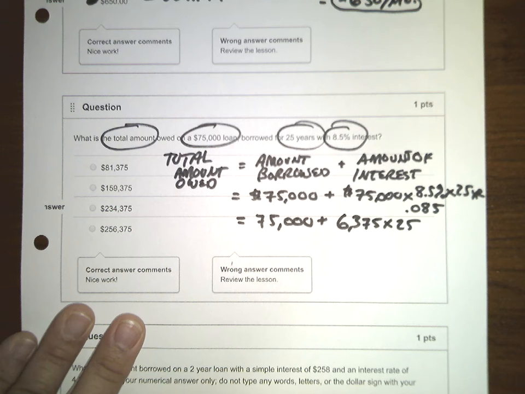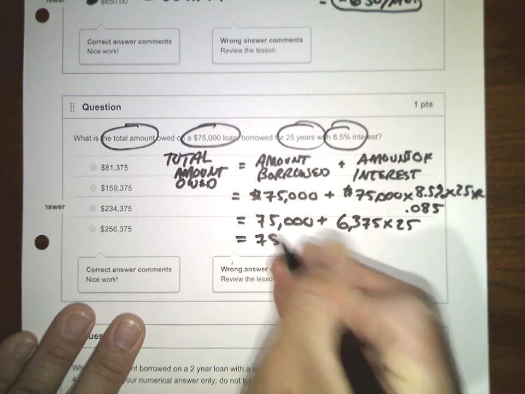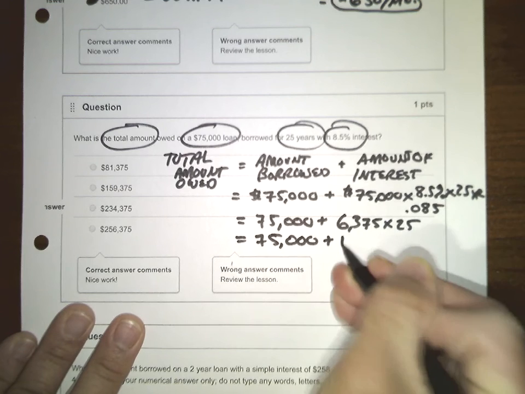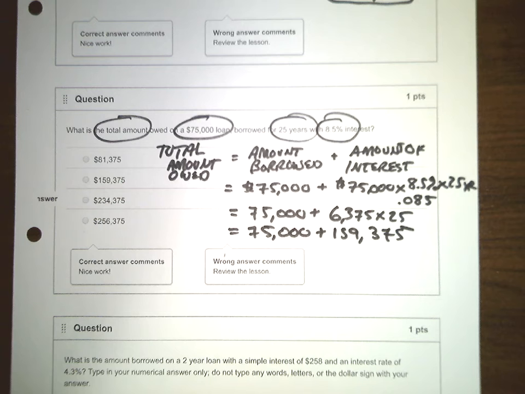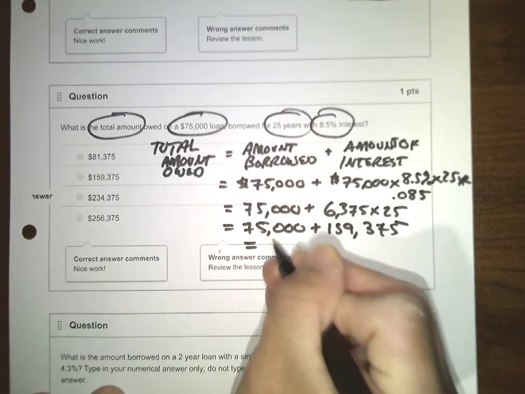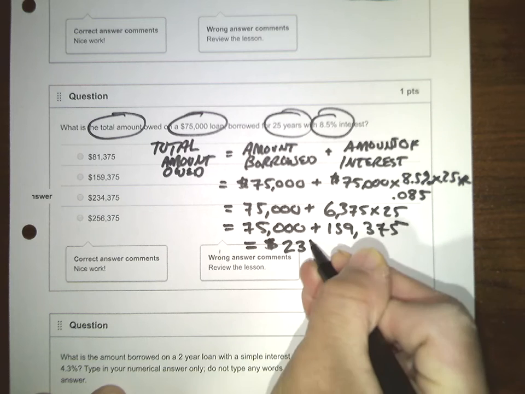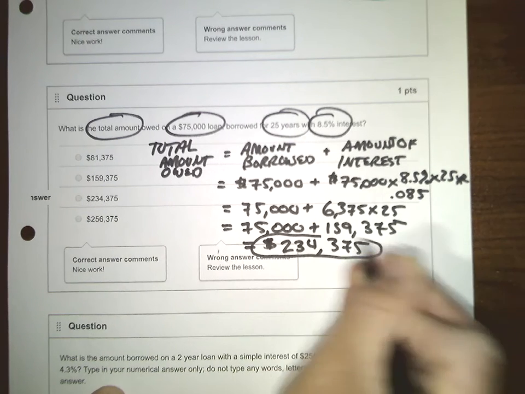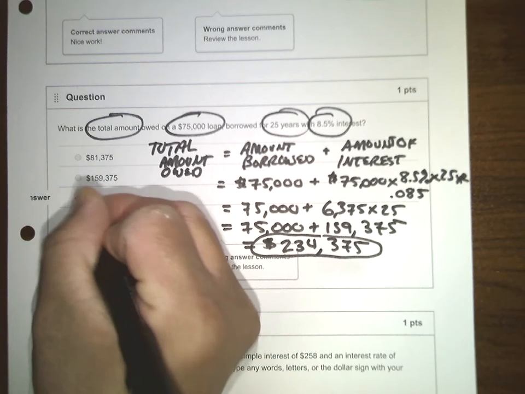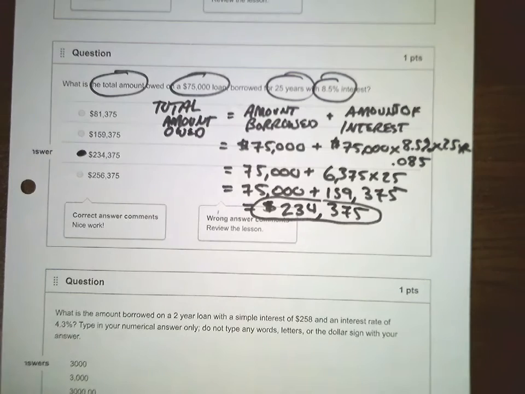If I multiply that times 25, I get 75,000 plus 159,375. And then if I add these two numbers together, I get $234,375 as the total amount owed. So that's with the person paying back the original amount they borrowed plus the amount of interest.